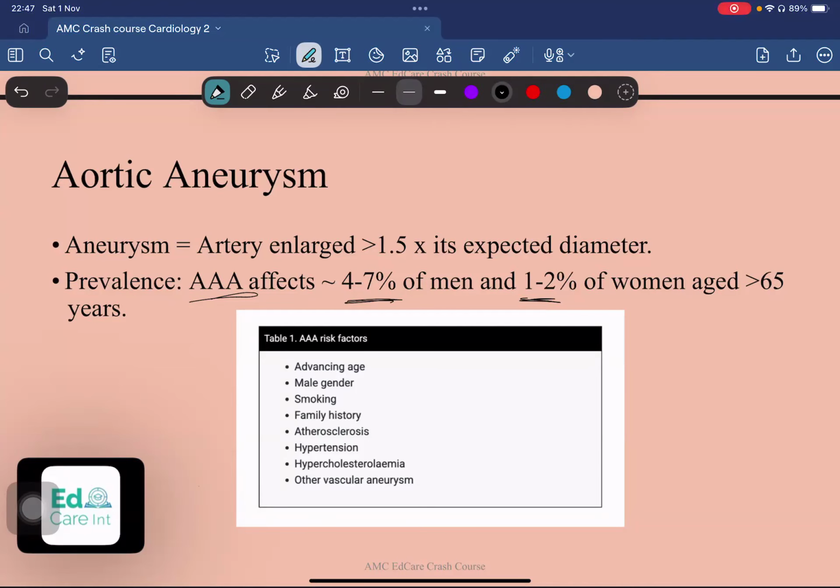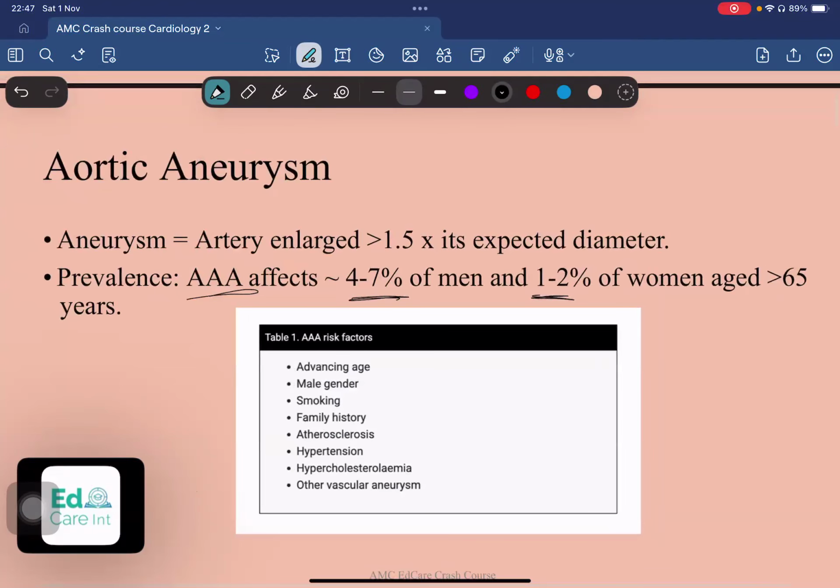For these risk factors, I straight away got a screenshot from the guidelines. It's pretty much mirroring the risk factors of atherosclerotic disease: increased age, male gender, smoking, family history, atherosclerotic disease of course, hypertension, high cholesterol, and also other vascular aneurysms.